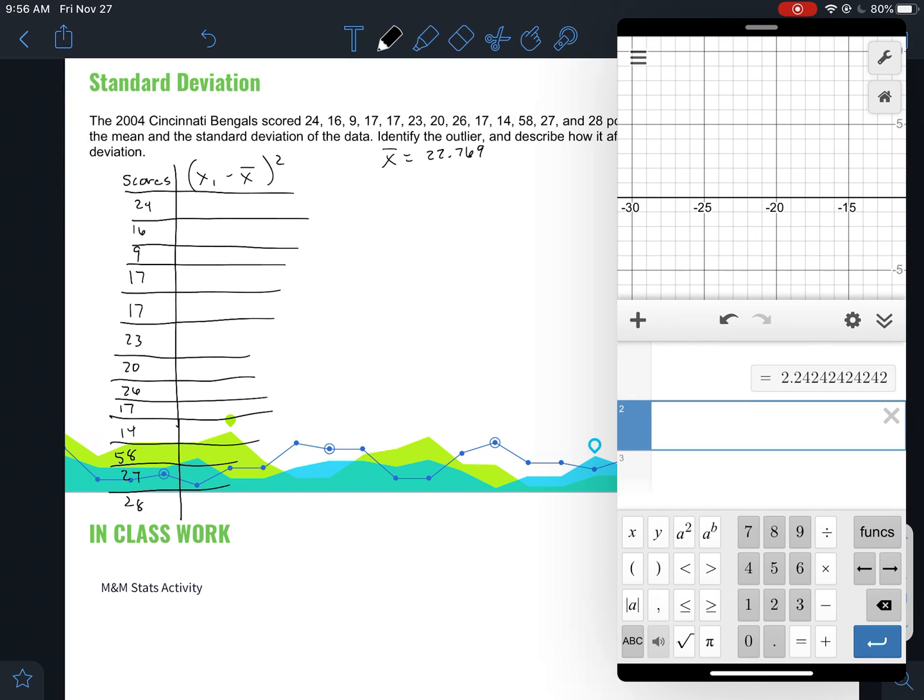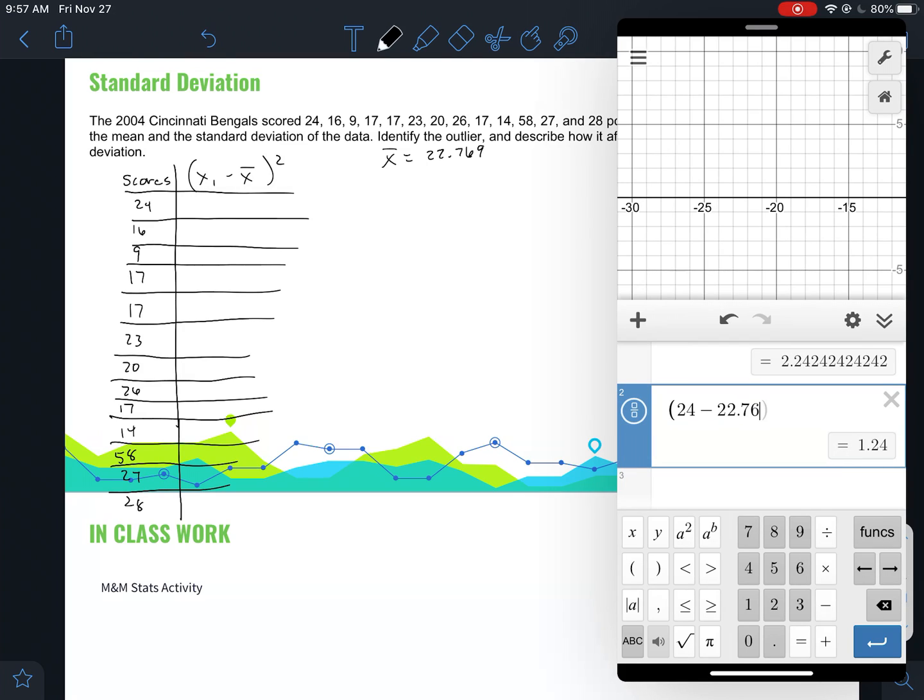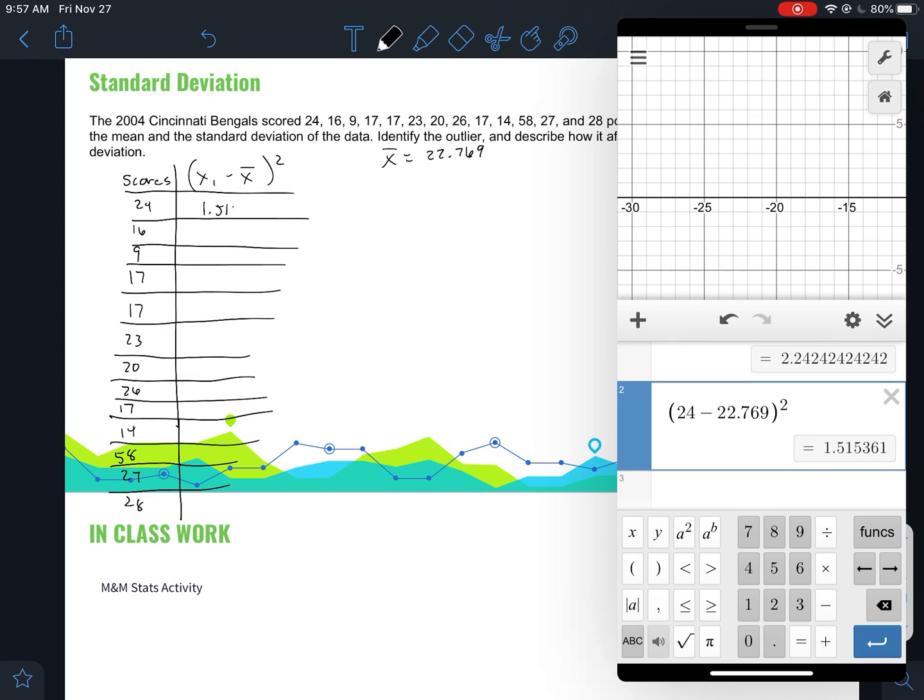So 24 minus 22.769 squared is going to be 1.515361. And then we'll do 16, and we get 45.819361.